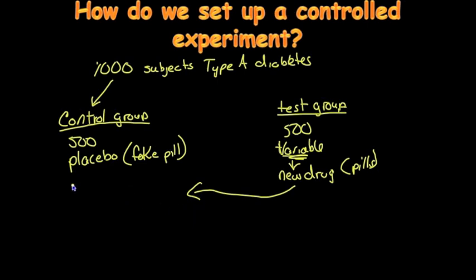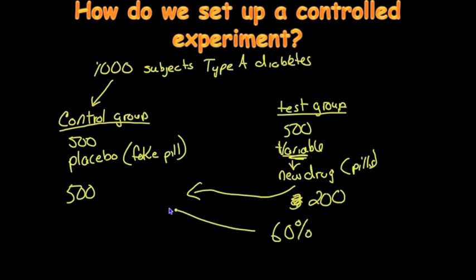So at the end, if all 500 people still have type A diabetes, which they should, and over here, let's say 200 people still have type A diabetes, it worked on 60% of the test subjects. So your results may indicate that you found a cure for a lot of people for type A diabetes. Now, there may be some differences between the 500 people you tested, which is why only 60% were cured. But that's how you would run a controlled experiment.